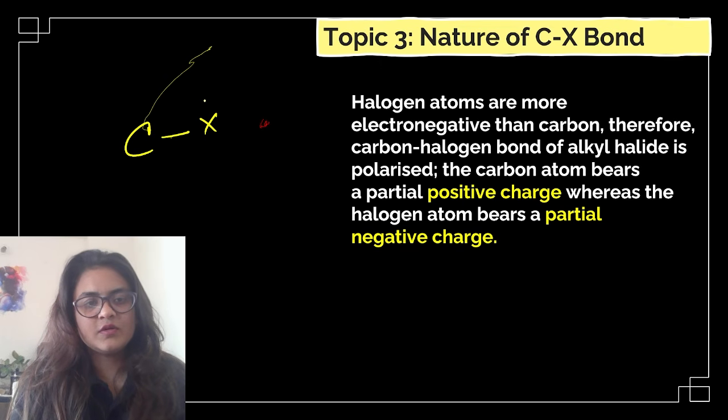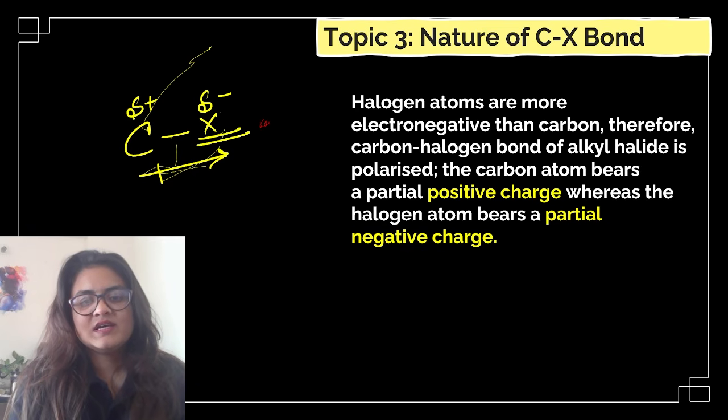If you look at the bond, this is delta negative and this is delta positive. The bond dipole moment direction is towards the halogen because it is more electronegative. As a result, partial negative charge is generated on the halogen atom and partial positive charge is generated on the carbon atom. I guess it's clear to you.